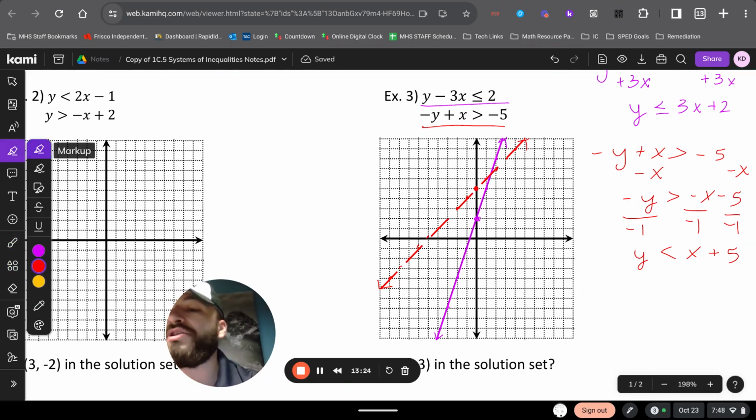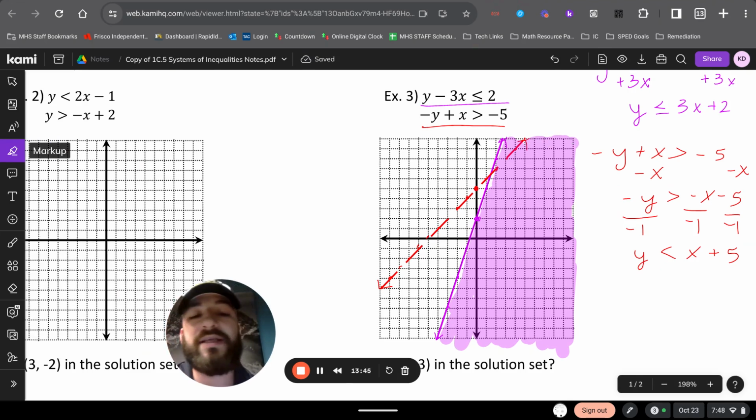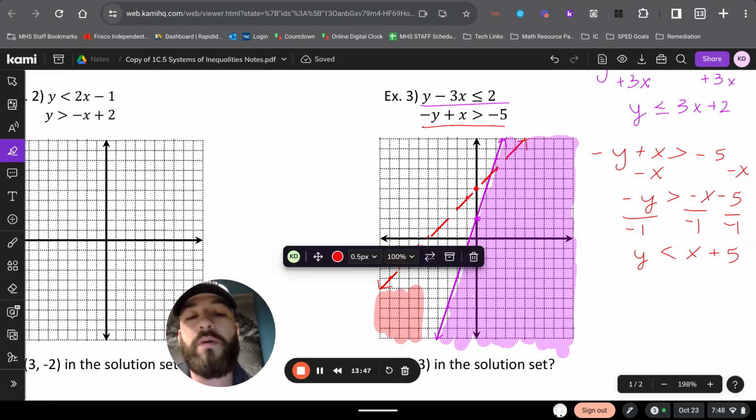With our shading for our first one, it is less than or equal to, so we are going to shade below. And then for our second one, it is also less than, so we are once again going to shade below.